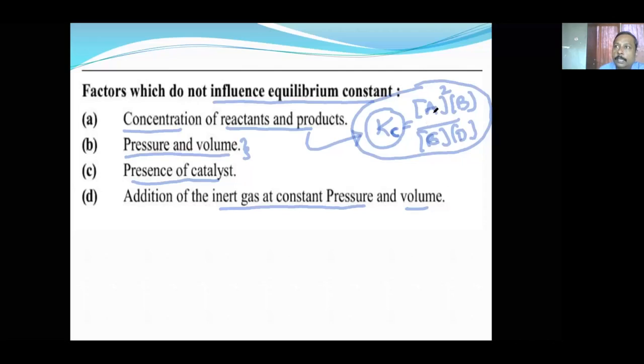Suppose here A concentration is made 2 times, then B concentration will decrease by 4 times, or C concentration and D concentration will also increase 2 times. Like that, they will manipulate each other so that the increased concentration will not affect the value of Kc. So these are the factors on which Kc is independent.